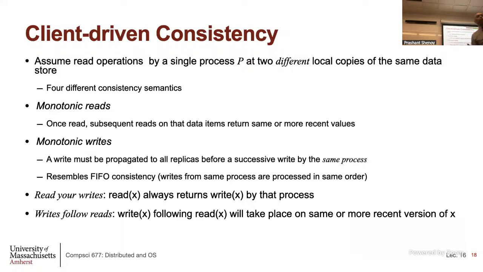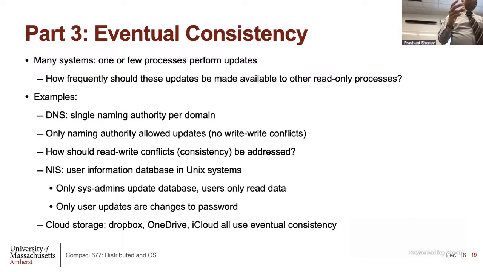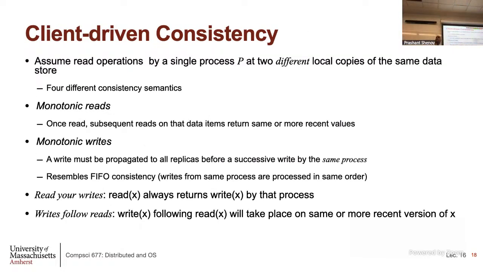Say there is a client machine, a laptop. It makes a read of some data item and it gets a copy. Now, for the sake of argument, the laptop moves to another location. Then it does another read, and potentially this time the result is returned from a different replica in the system. What is it that the client should see?